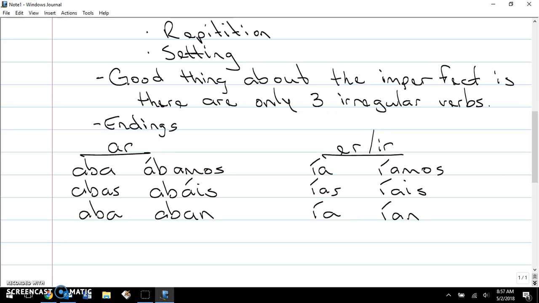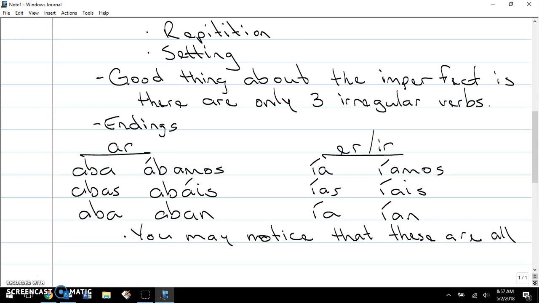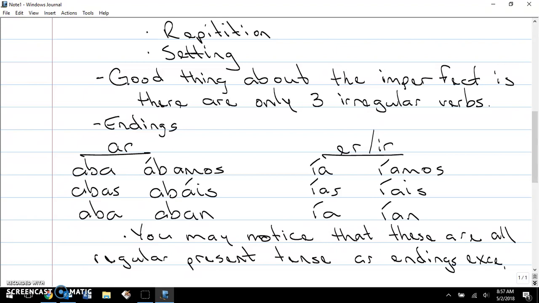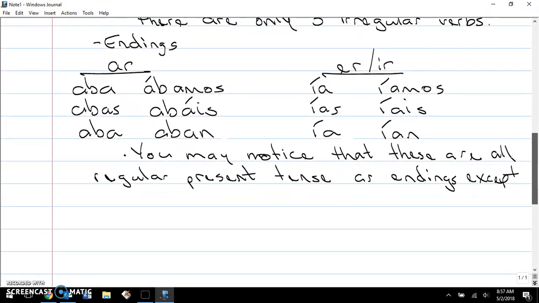So, to make this a little bit easier, you may notice that these are all regular present tense AR endings except the yo form.